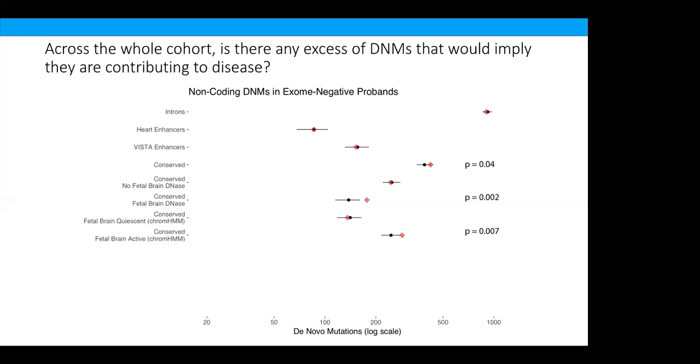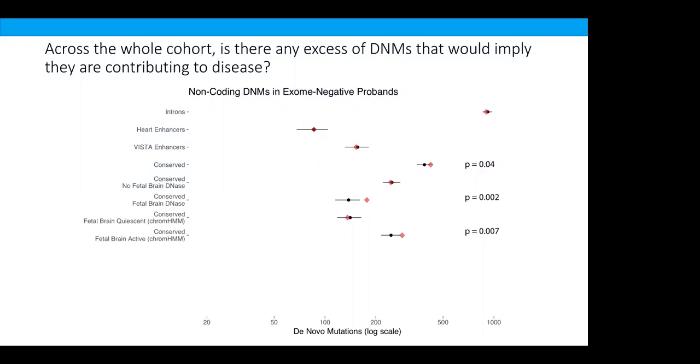The first is fetal brain DNase peaks from the Roadmap Epigenome Project, which in general would be marking perhaps an enhancer or a promoter. The second way is using the genome segmentation algorithm Chrom-HMM, which includes DNase data as well as a number of other histone marks or other data to try to predict whether the region in question is quiescent, an enhancer, a promoter, transcribed, etc.